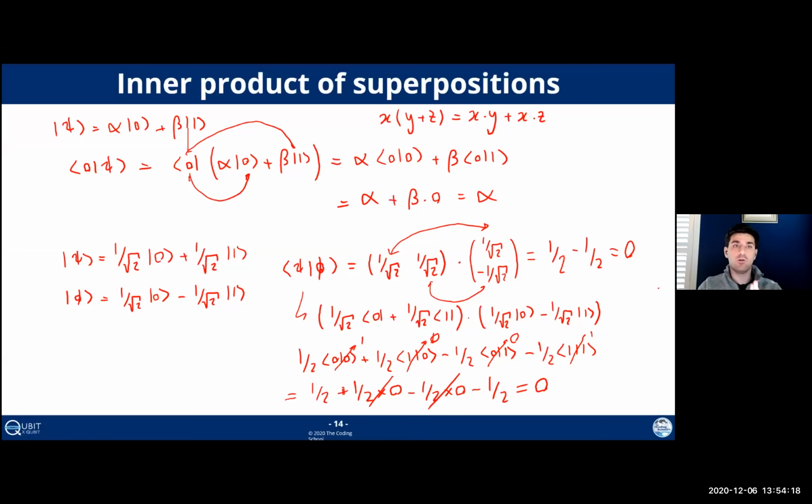If they exactly overlap, giving an inner product of 1, that means they're the same state. If they have an inner product of 0, it means they have no overlap whatsoever. So they're perpendicular, or we're going to have another name for it in the coming slides. And you can figure out exactly what the overlap is between your two superposition states by taking the inner product.